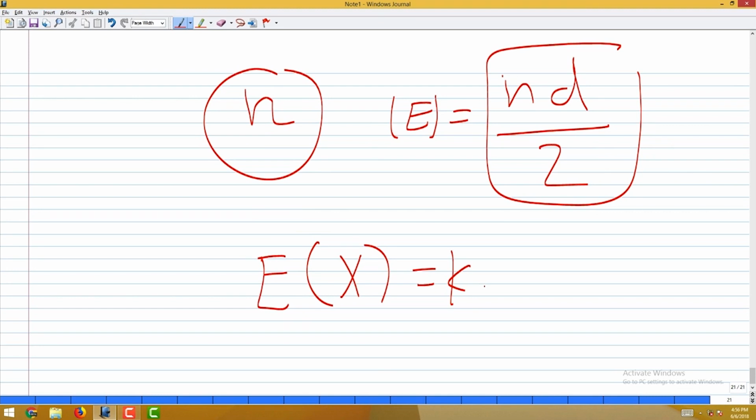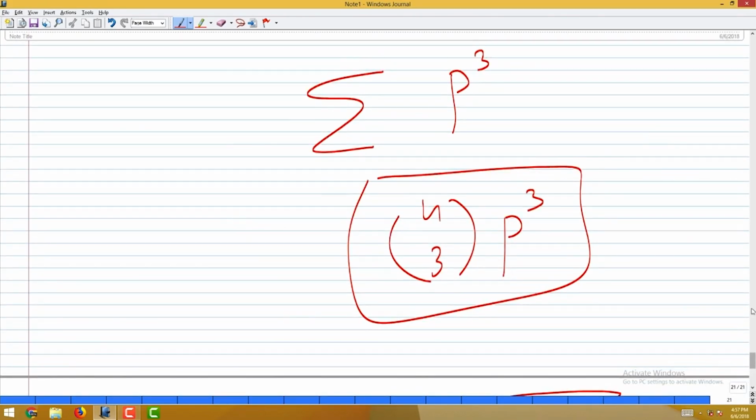Otherwise, if all values were greater than k, then probability times something greater than k, plus probability times something greater than k, like that only will come. Since the probabilities sum up to 1, only something greater than k will come, so how did the expectation become k? So go back to the basic formula of expectation.